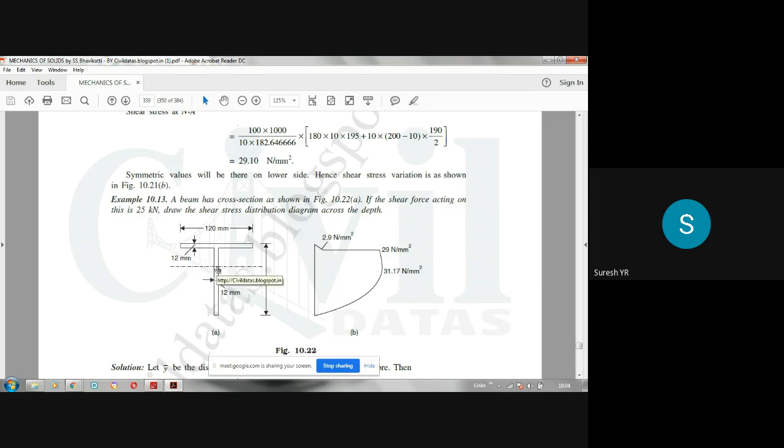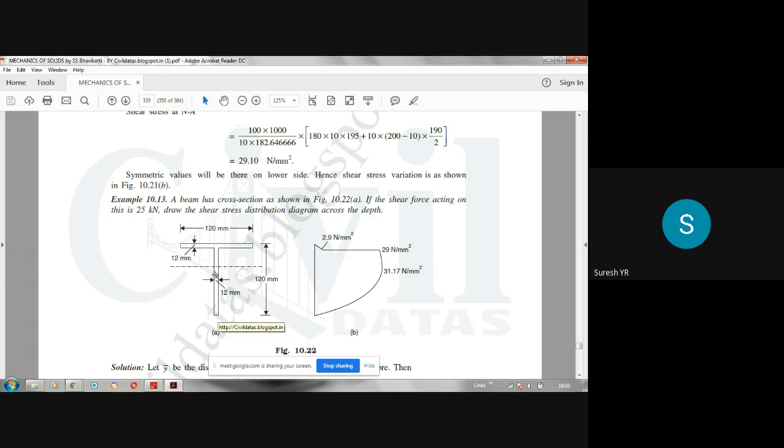This is the centroid of the entire T section, but the centroid of this web will be somewhere here. What is the distance from the neutral axis? The web depth is 108. Half of that we have to take, so it is 54. So 54 mm from the bottom, or from this edge.